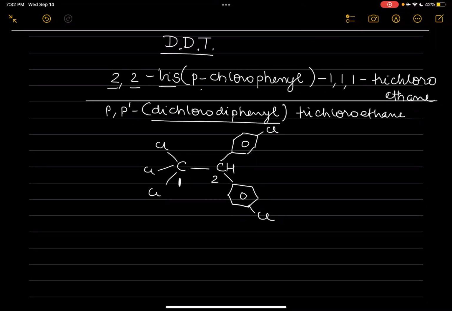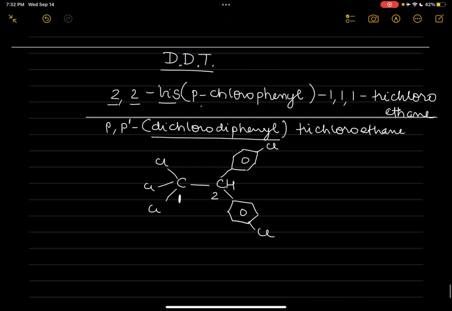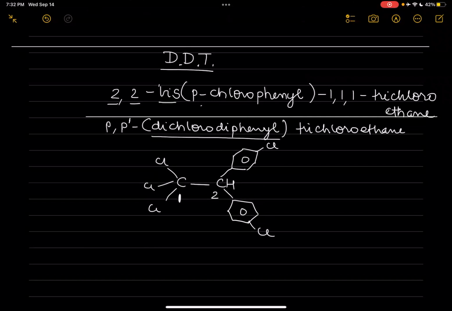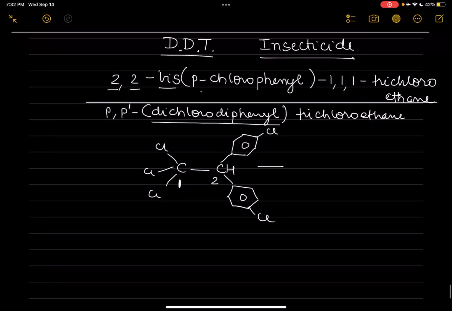So it is famously used as an insecticide. You have to remember that structure. Okay. Clear? How is it prepared?